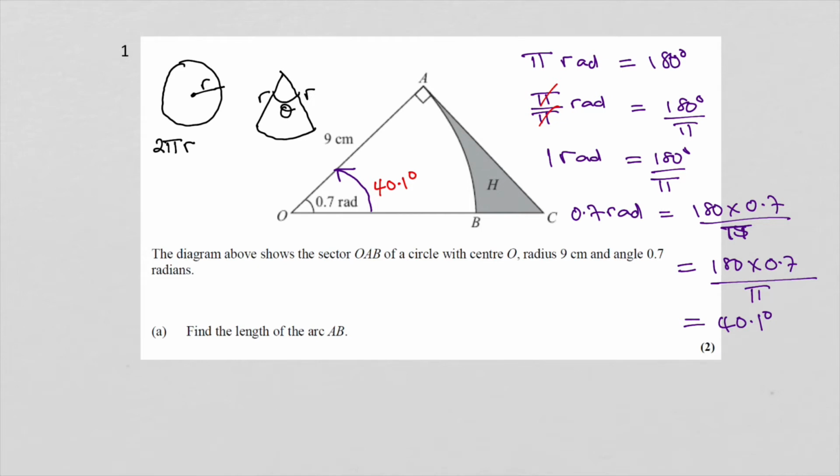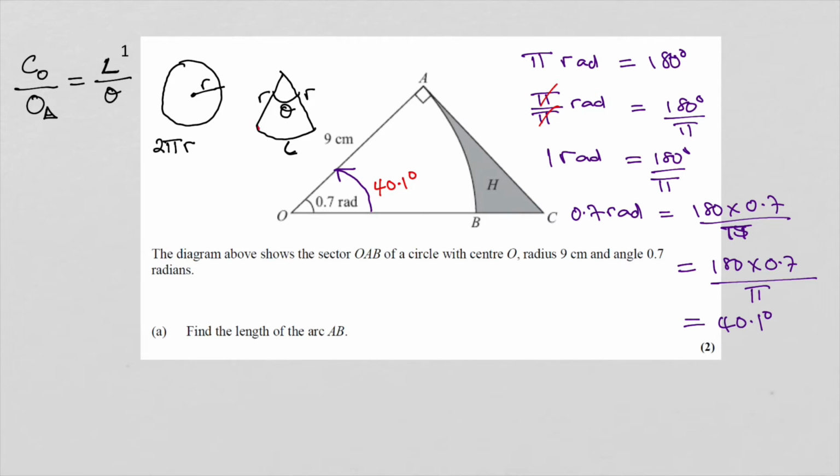So to work out the length of an arc, L, we compare the circumference of a circle over the angle of a circle. That's the angle of a circle. And we compare that to the circumference or length of arc of a sector divided by the angle of a sector.